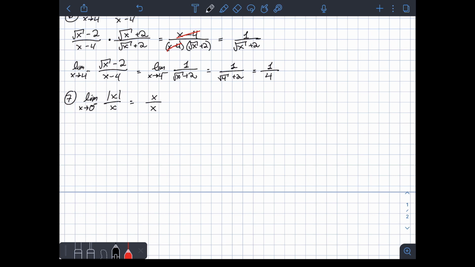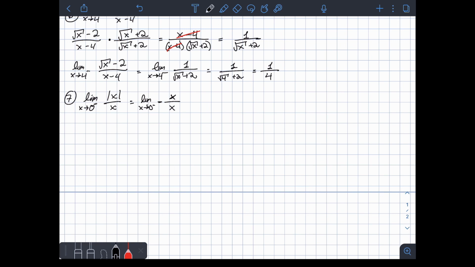This x value on the bottom will always be a negative value. So whatever this x value is, the top will be the opposite of it. The top value is always going to be positive.